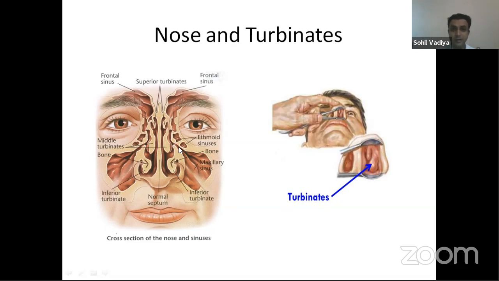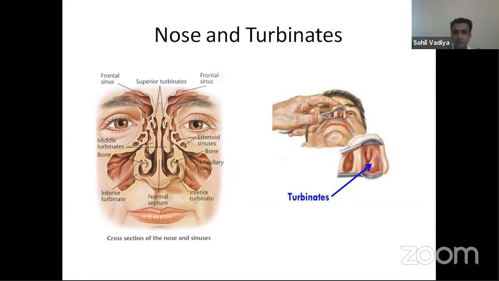We need to learn here what opens in which meatus. So the maxillary sinus, you can see here, has an opening in the middle meatus. Similarly, the frontal sinus has an opening in the middle meatus. These are anterior ethmoidal air cells. Now, the ethmoid sinus is not one sinus.